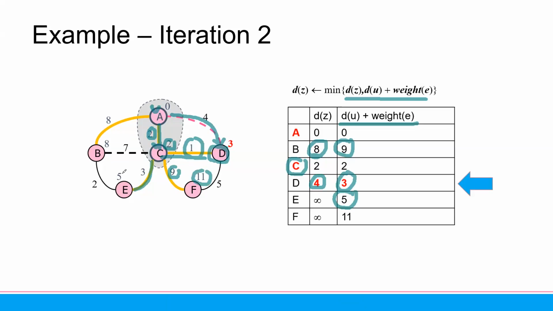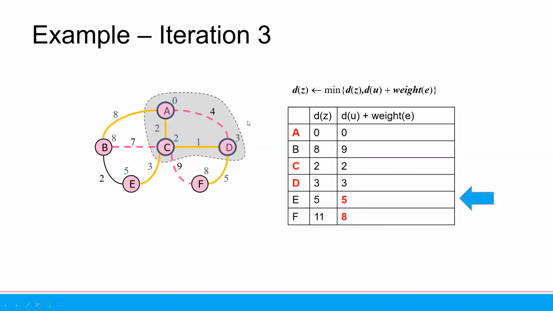So we put 11, and then we put 5 here. Among those, we have C, D, F, E, and we can check the minimum. The next minimum after C is D, because it is now 3. Then we will go to D.